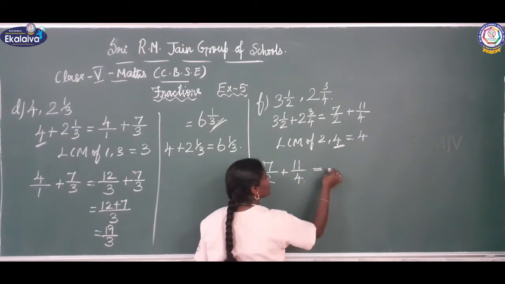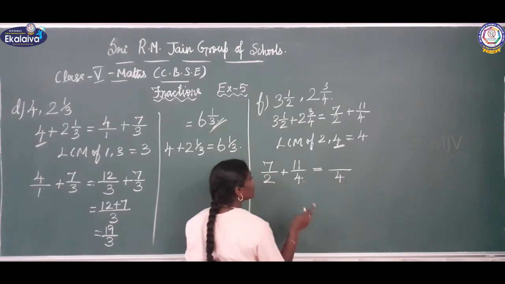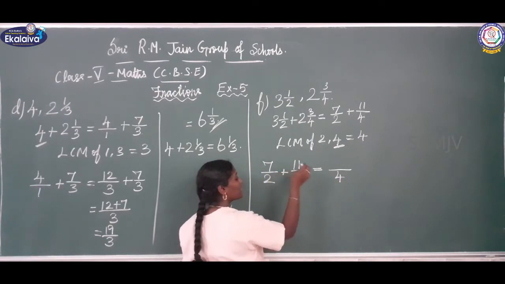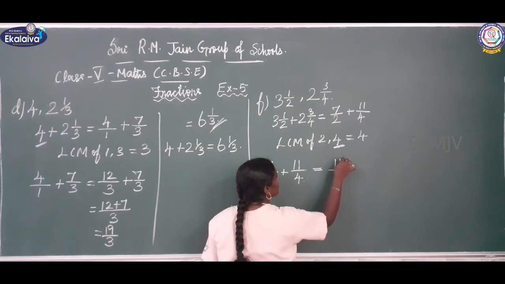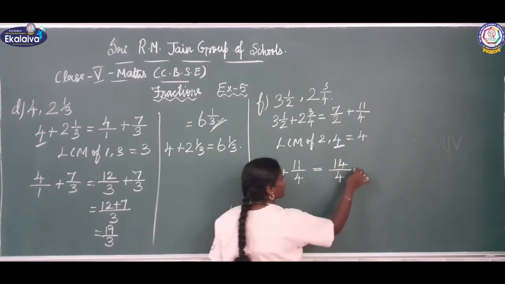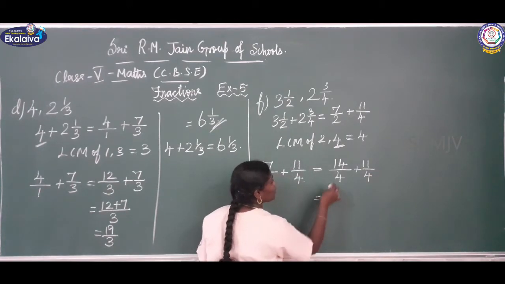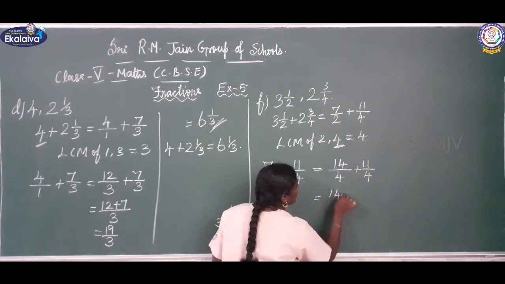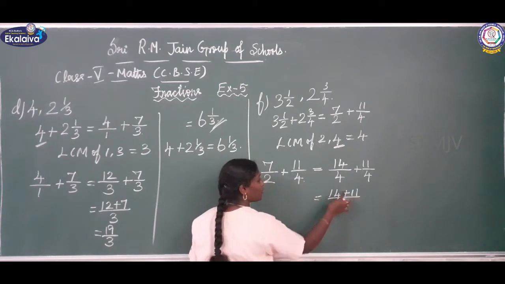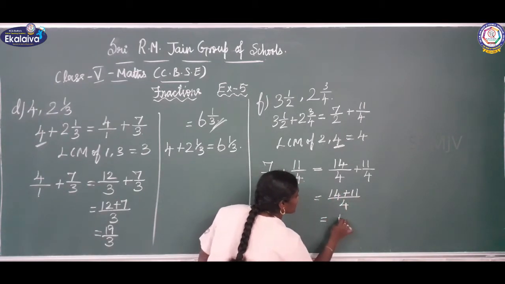Here in the 2 table, when you get 4 is 2 times, so we have to multiply the numerator by the same number 2. So 7 2s are 14 plus 11 by 4. Now we have to add the numerators. 14 plus 11 divided by 4. Here 14 plus 11, 4 plus 1, that is 5. 1 plus 1, 2. 25 by 4.